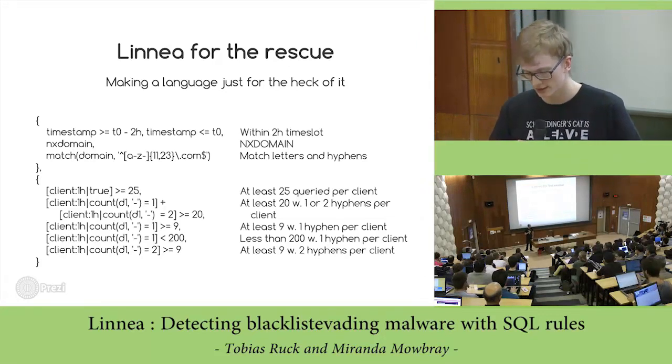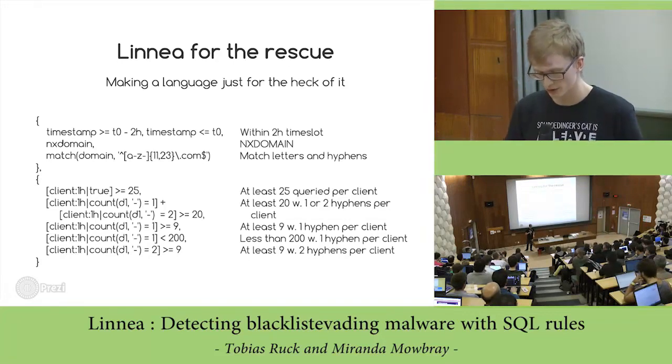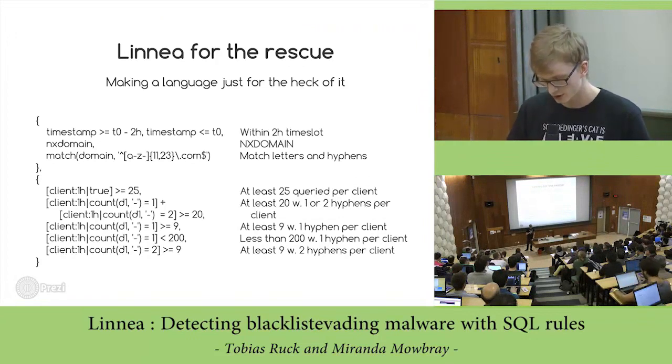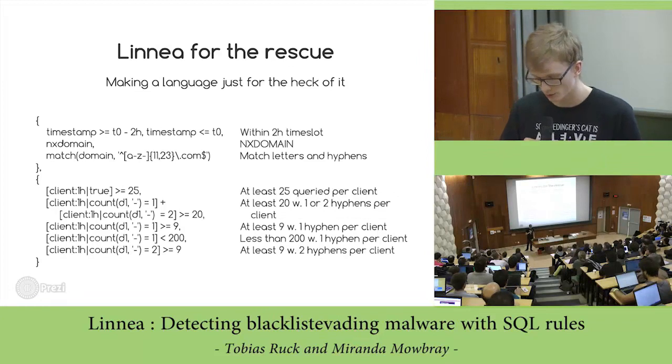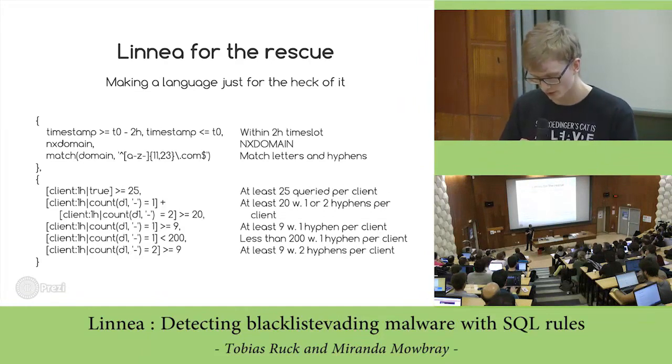We check if there's at least one or two hyphens, at least 20 domains with 1 or 2 hyphens per client within 1 hour forward and preceding. And we check if there's between 9 and 200 with 1, and at least 9 with 2 hyphens per client within 1 hour forward and preceding.